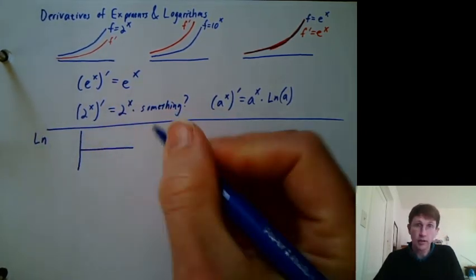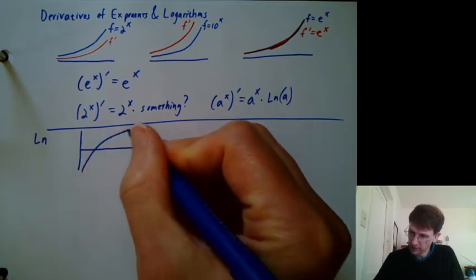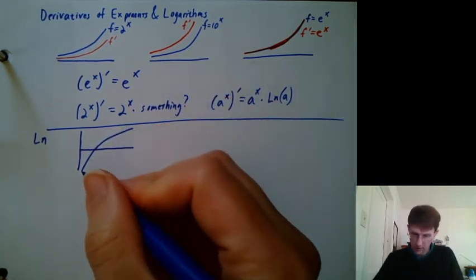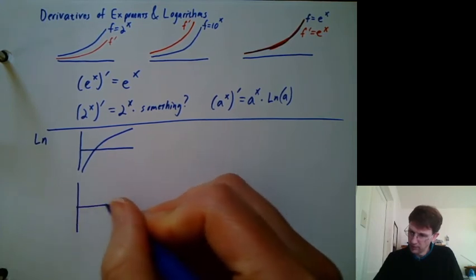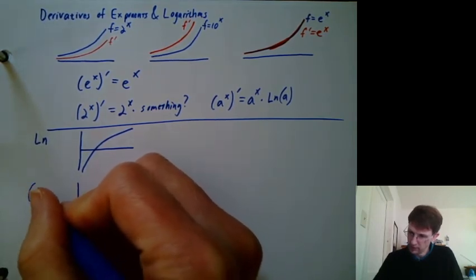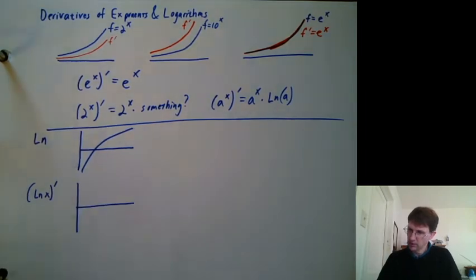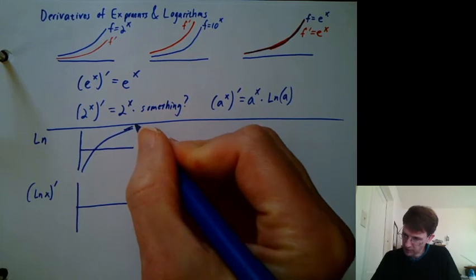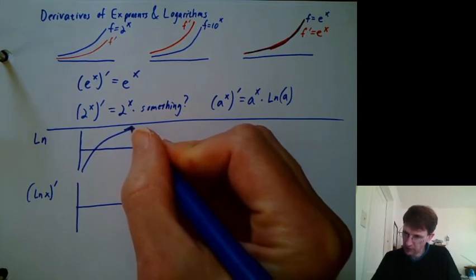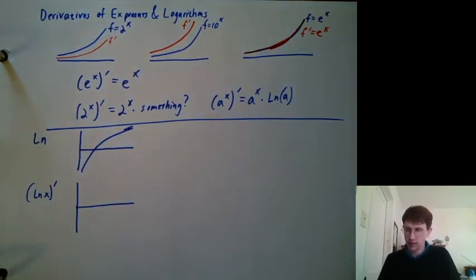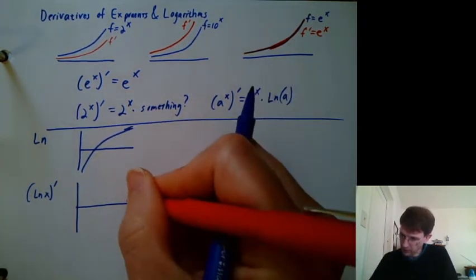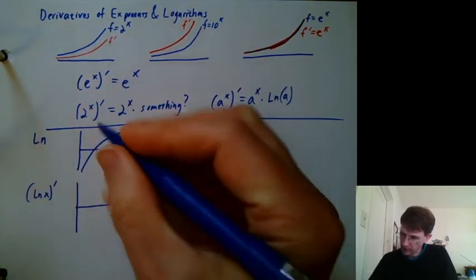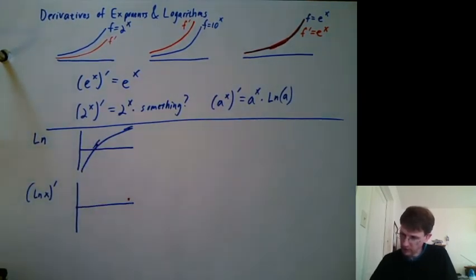So let's draw log here. Looks like that. And let's think about its derivative. I have a positive but not very strong slope here, so I have a positive but not very strong value. Here I have a positive and stronger slope, so a positive and stronger value.